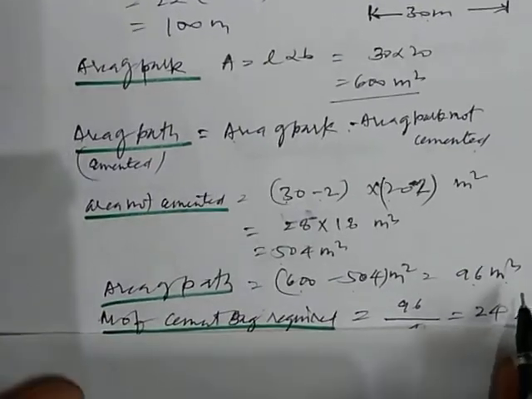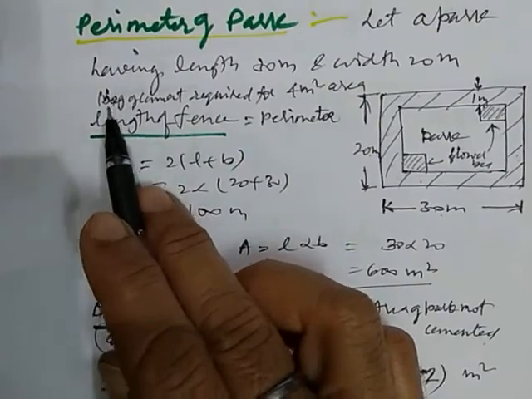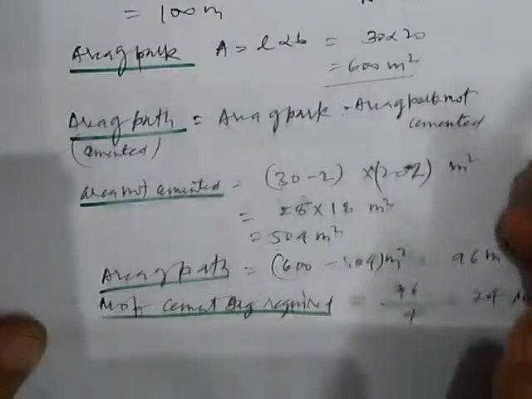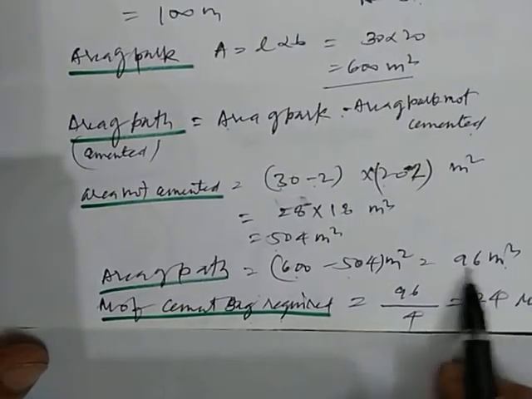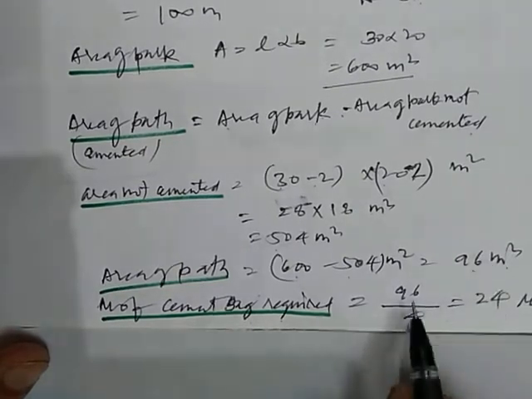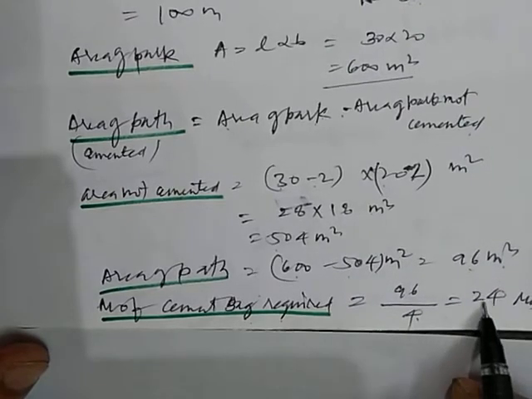Okay. Now we have been given the information that 1 bag of cement is required for 4 meter square area. So how many cement bags are required for this 96 meter square cemented area? 96 divided by 4, we get the answer 24.